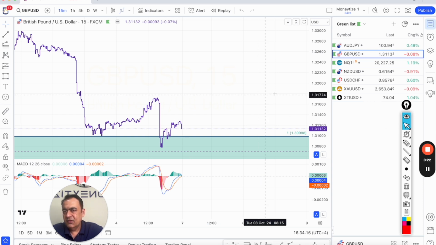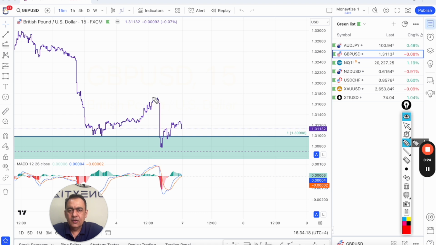Now based on 15 minutes, the pattern is still bearish because we are getting lower highs. It's going to form hidden bearish, which means the 15-minute chart will continue in the bearish direction. So in short, I'm looking at the short-term bounce here.